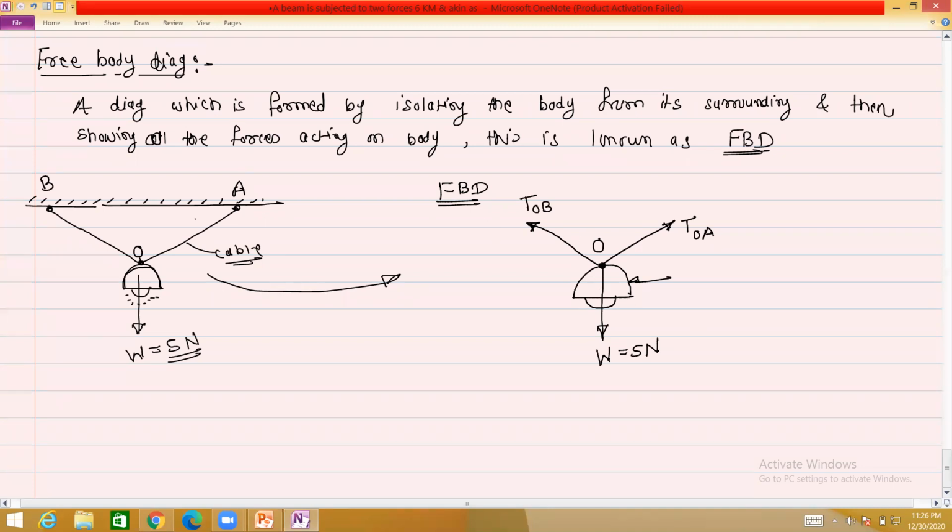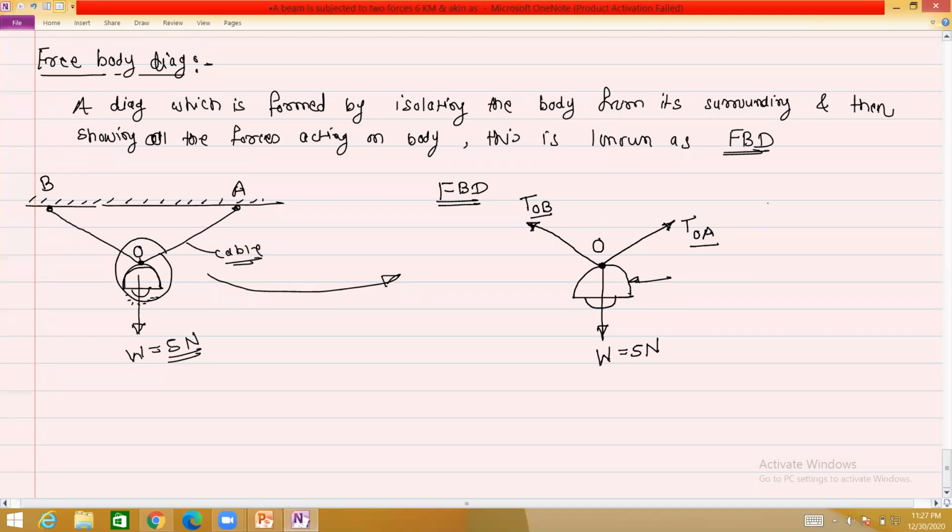In the free body diagram, we have isolated this lamp from its surrounding. Surrounding means this ceiling and these ropes or cables. Instead of these cables, we just show the tension vector or the force vector in that cable: tension OA and tension OB. And at point O, there will be the self weight of the lamp, equal to 5 Newton.